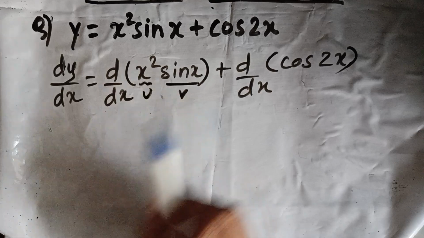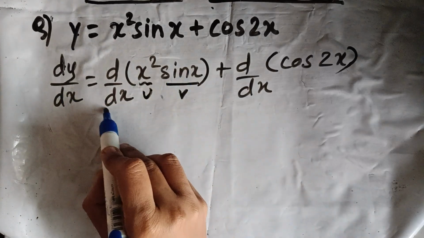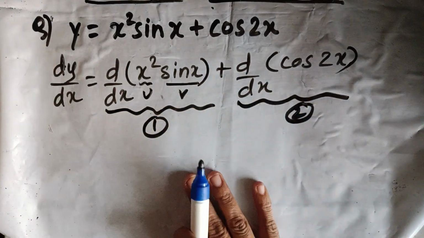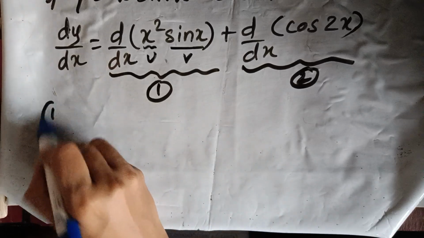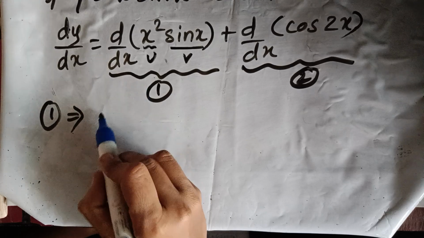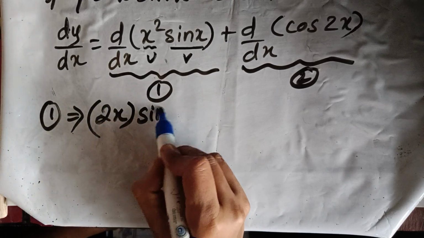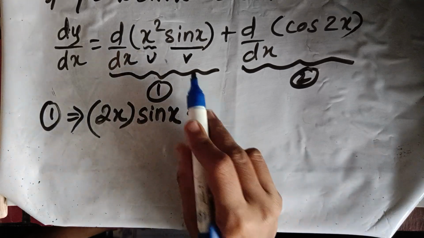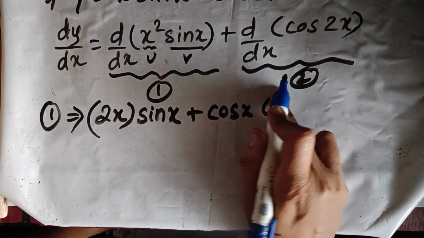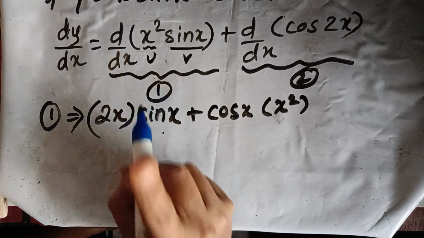So I'll write this separately and then I'll add this to this. So I'll take this as 1 and this whole thing as 2. Okay. So derivative of 1 is u dash. So I'll write directly 2x into sin x plus v dash is cos x into x square. Okay. So this is the derivative of first one.